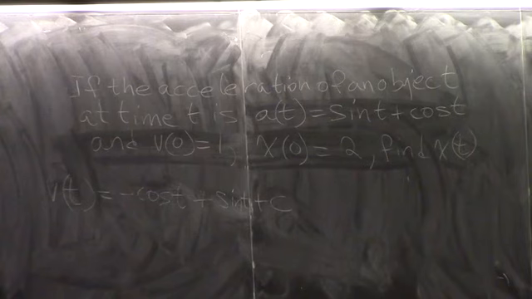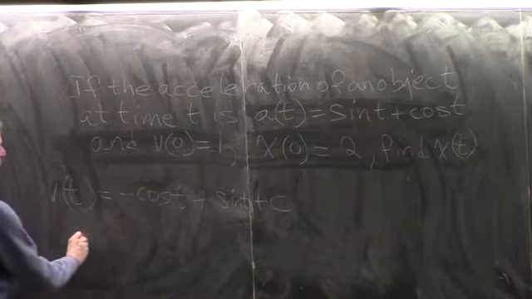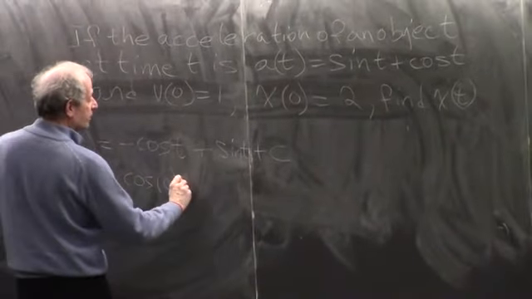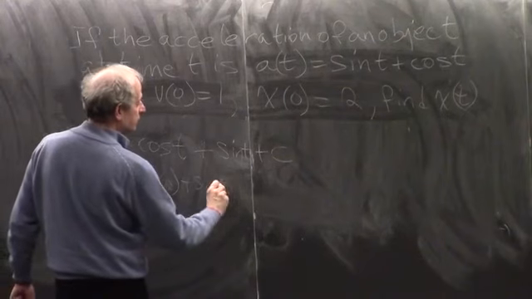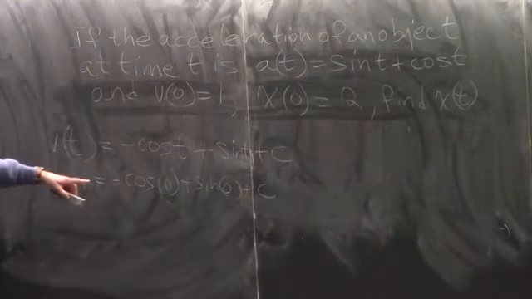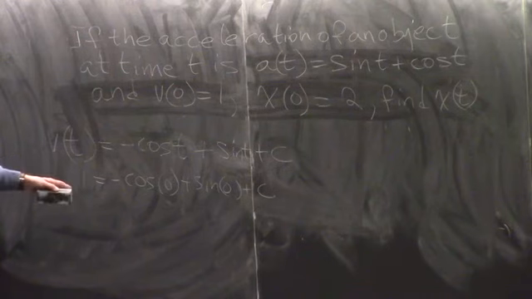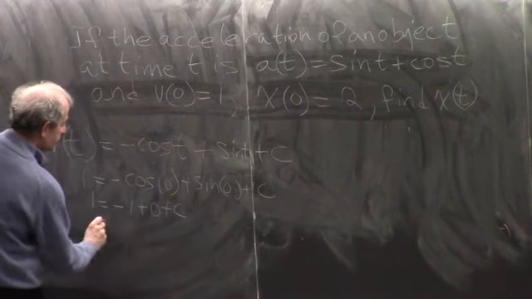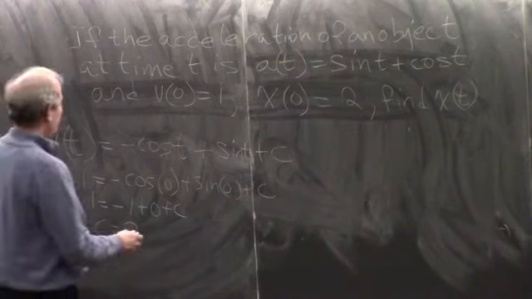Now, we know that v at 0 is 1, so 1 is negative cosine of 0 plus sine of 0 plus c. The cosine of 0 is also 1, because sine of 0 is 0, cosine of 0 is 1. C is 2. Okay? So some of you are going to mess that part up, because you're not going to plug in.